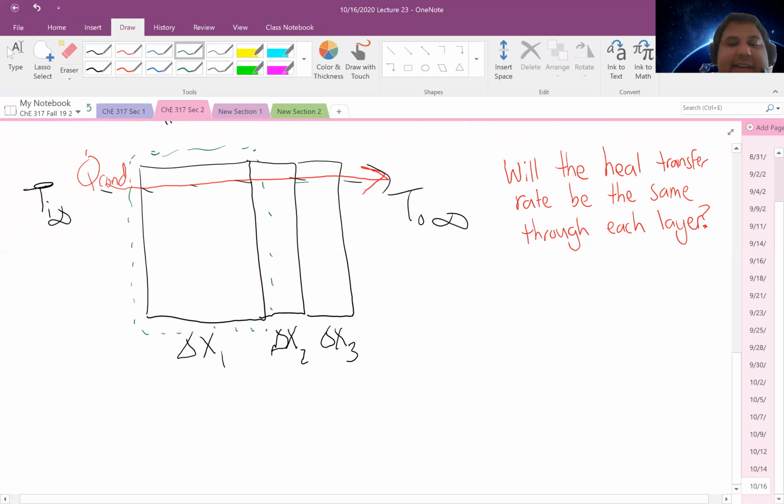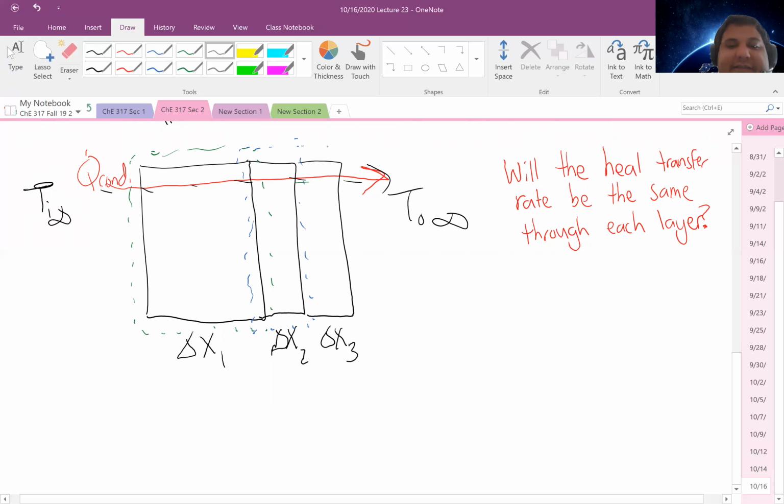As the heat is going from high temperature to low temperature, at steady state there's going to be no accumulation of heat in that first material. And if I draw another system, say this blue, over my second material, all the heat transfer that's leaving my first material is going into my second material.